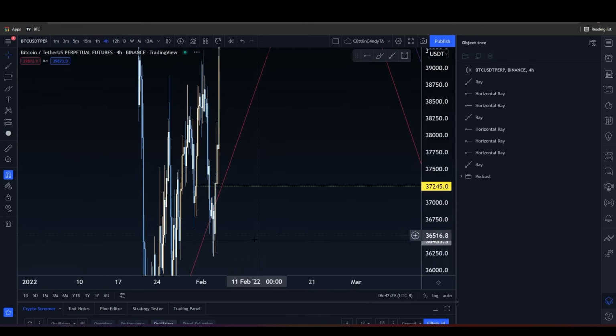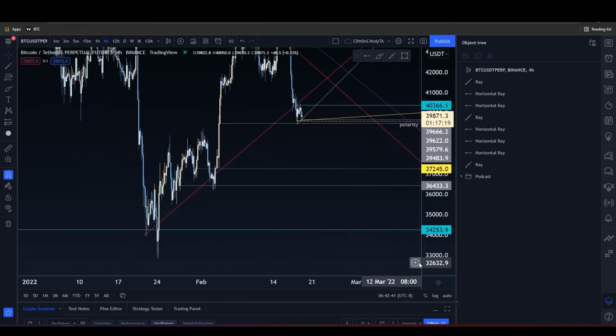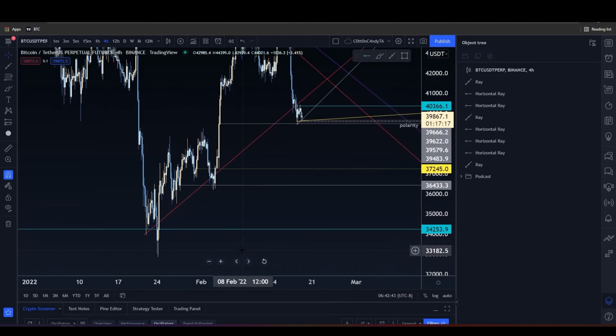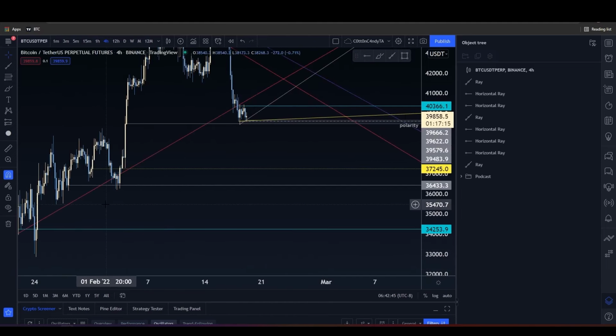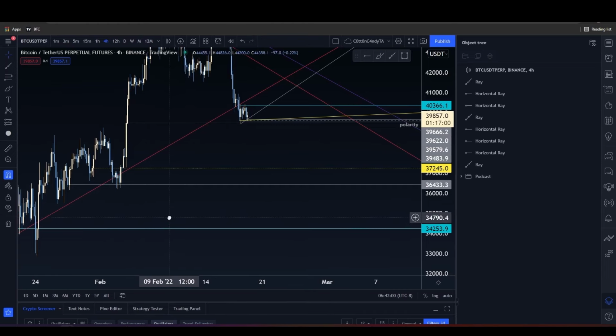So not this, you're talking about down here. $36,963. Maybe take a snapshot and show me which one you're talking about. I'm not sure if you're talking about uptrend or downtrend. Probably an uptrend because you're talking about prices down here.